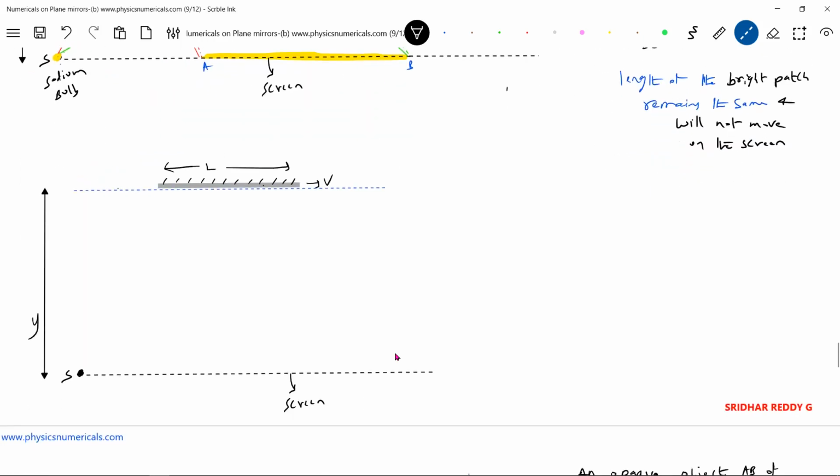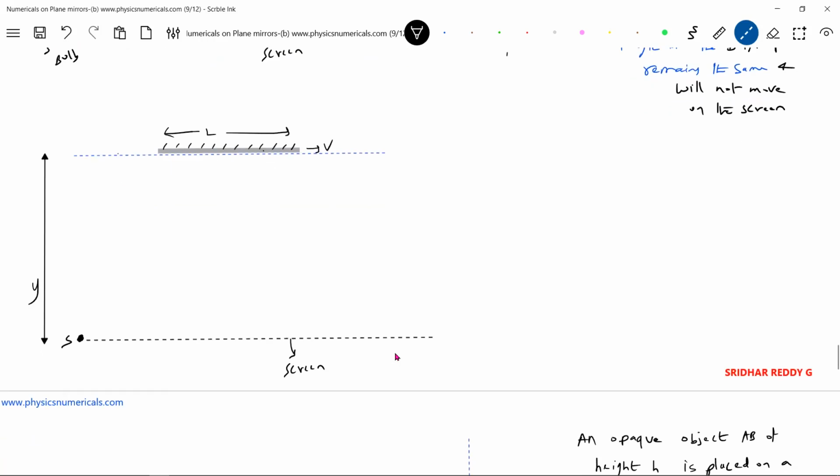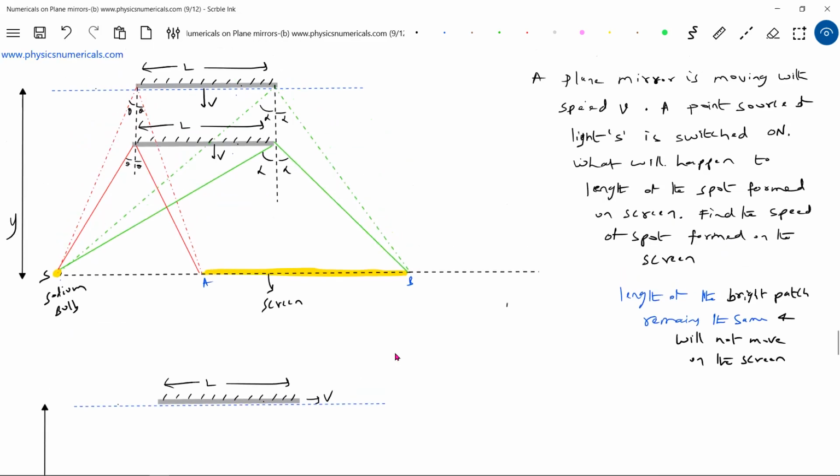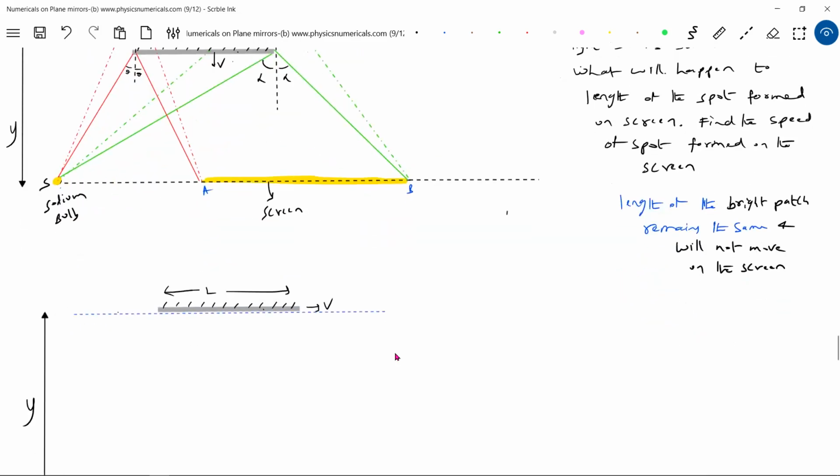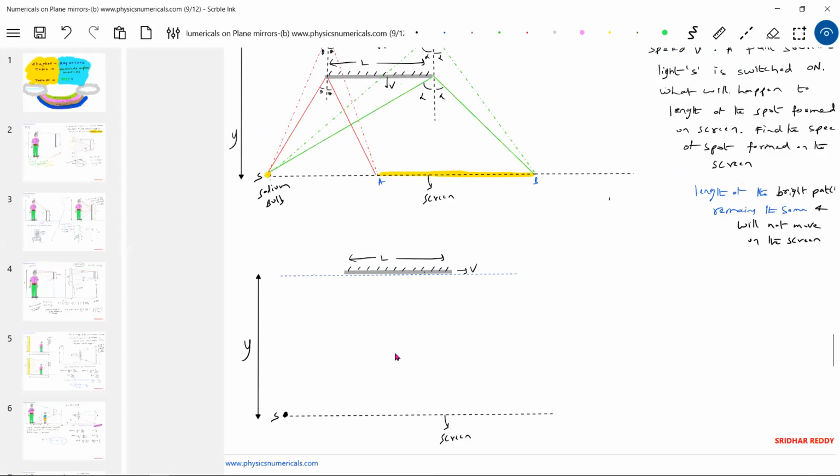Now let me move the mirror. Earlier I was moving along Y. So here what I do is I'll just move it parallel to the screen. That's the same conditions.